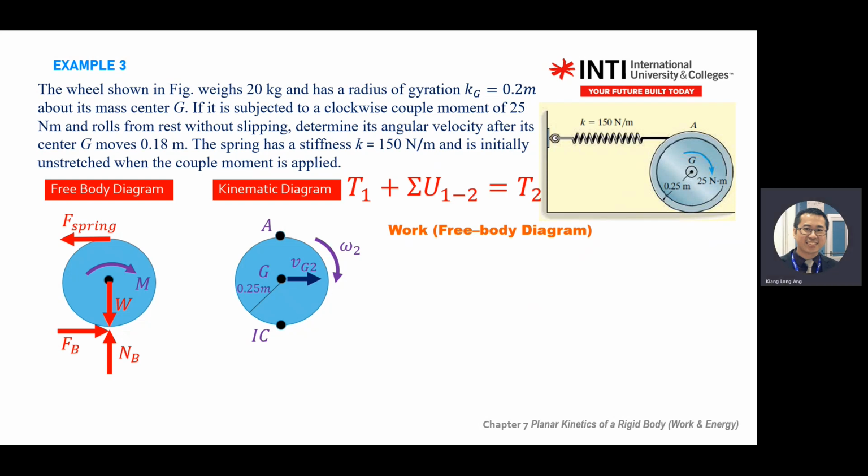Which one does work? Moment does work. What else? Force of spring. Okay. What else?